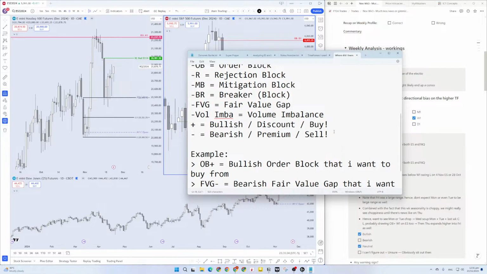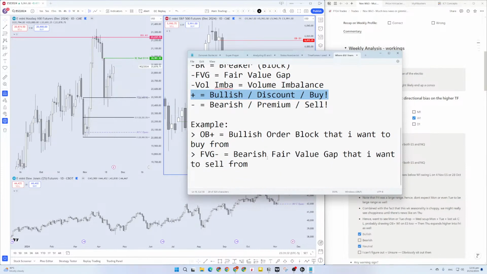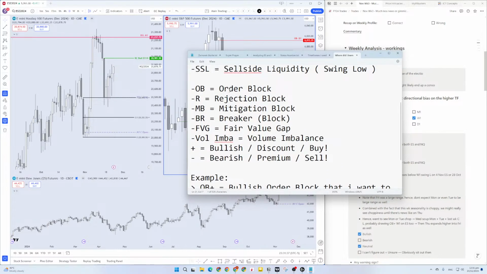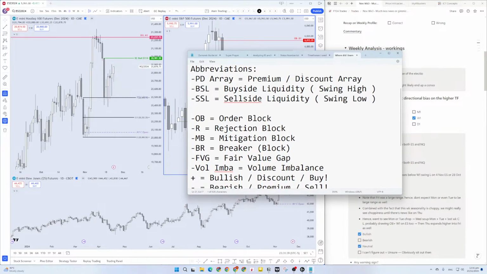Or it can be the opposite, whereby I sell from a minus level and I want to buy back my short position at a discount level. So the plus and the minus tells you whether it is a premium or a discount. So now I can add this in. Premium is minus, and discount.